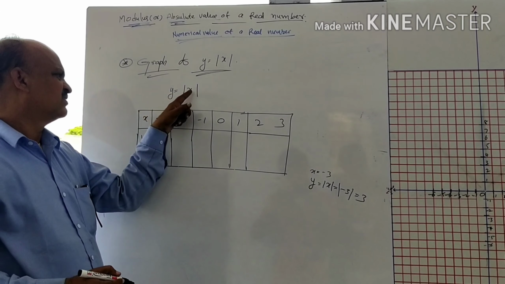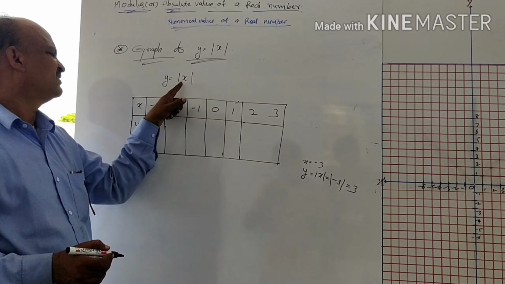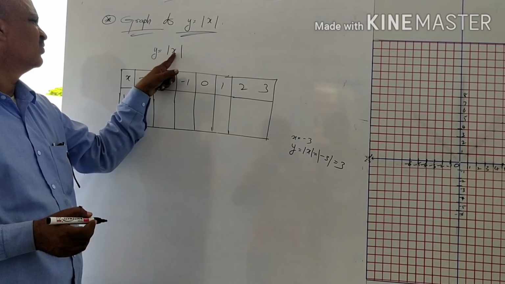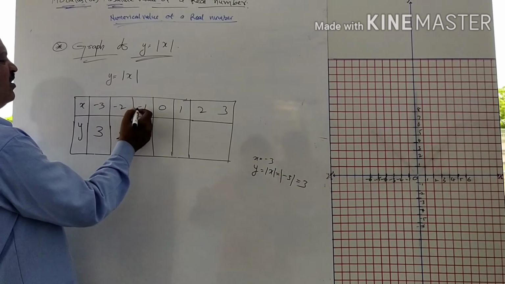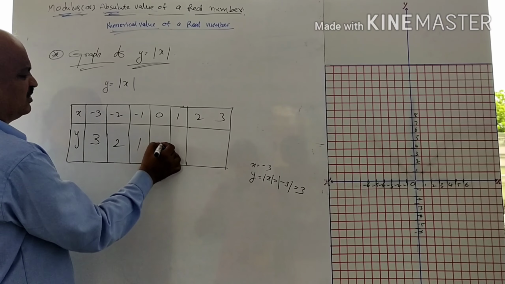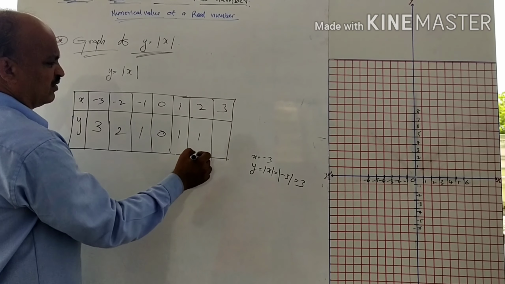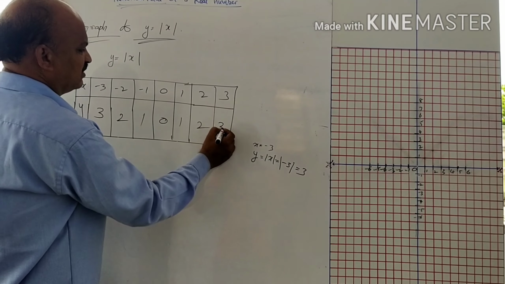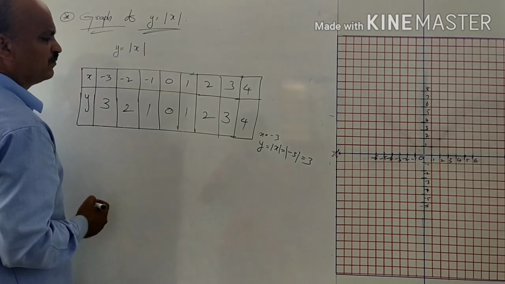Put x equal to minus 2, y equal to 2. Modulus minus 1, 1. Modulus 0, 0. Modulus 1, 1. Modulus 2, 2. Modulus 3, 3. Modulus 4, 4.